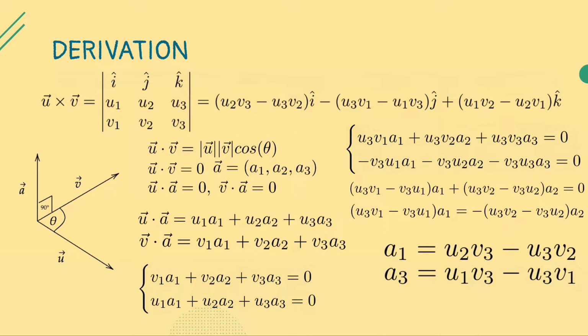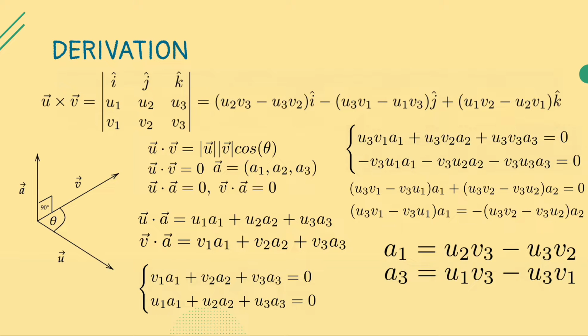Then I would end up with these terms right here. So a1 is u2 v3 minus u3 v2, and a2, my apologies, is u1 v3 minus u3 v1.